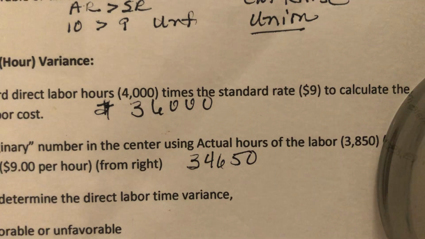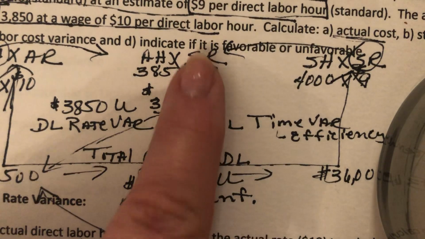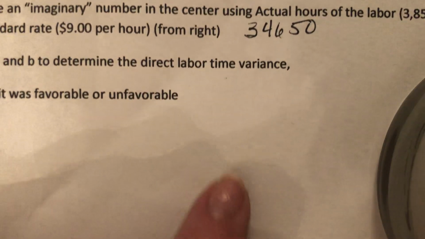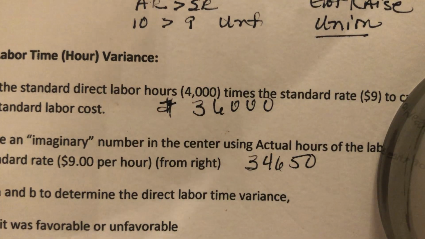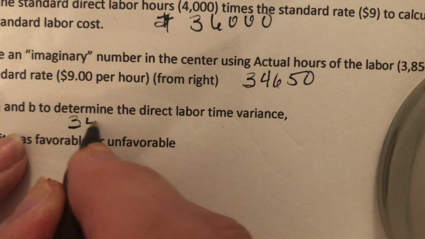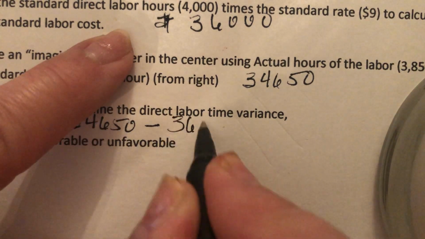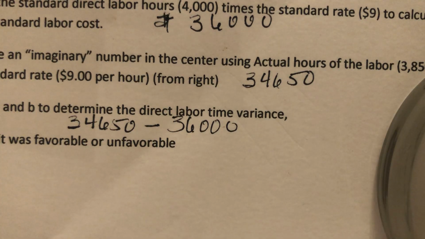Now we want to take the difference left to right between the imaginary number and the estimate, standard. Don't get confused the way these are set up because that's wrong. So we have to take the 34,650 minus the 36,000. So be careful about that. Follow your model up there. Go left to right.